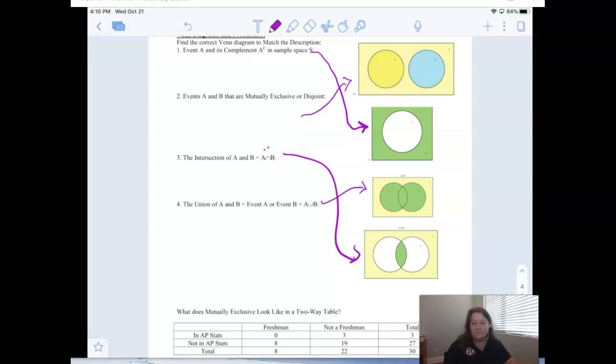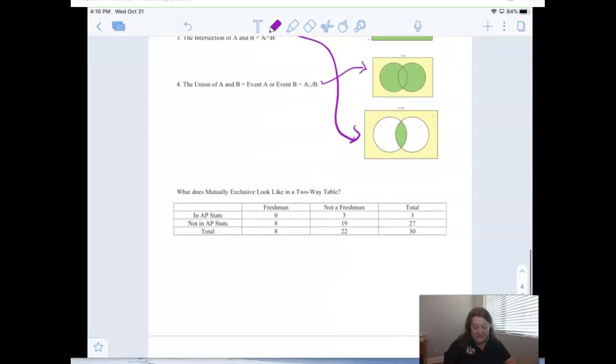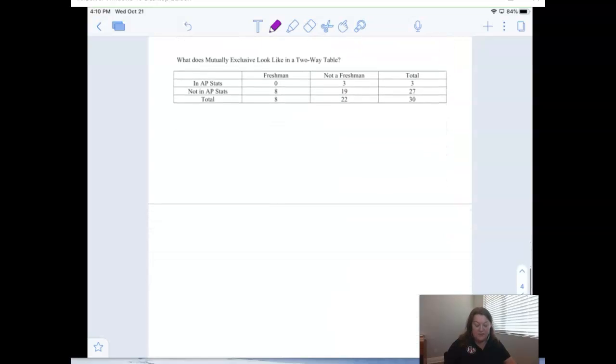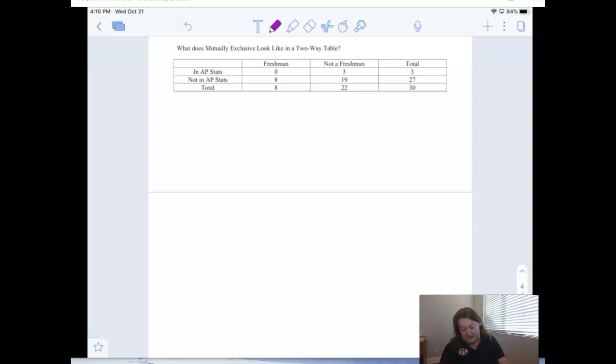Okay. Next one, what does mutually exclusive look like in a two-way table, right? So in a Venn diagram, we know they look like this. In a two-way table, you'll have nothing overlapping. Remember, that's where your overlap stuff goes. So I would have two Venn diagrams that would just have all the other numbers in it, right?